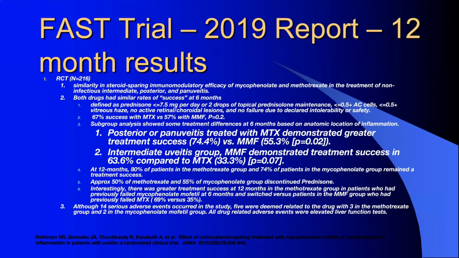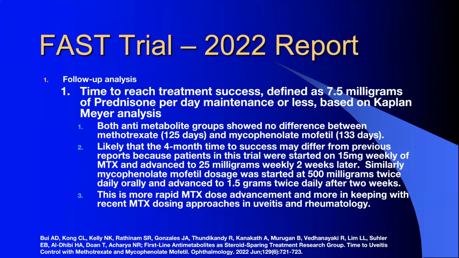It looked like the methotrexate group was having a little bit more success, but in follow-up evaluation 3 years later, what we found is that the time to reach treatment success, defined as less than or equal to 7.5 milligrams daily of prednisone maintenance for chronic intermediate, posterior, or panuveitis, was equal for both methotrexate and mycophenolate.